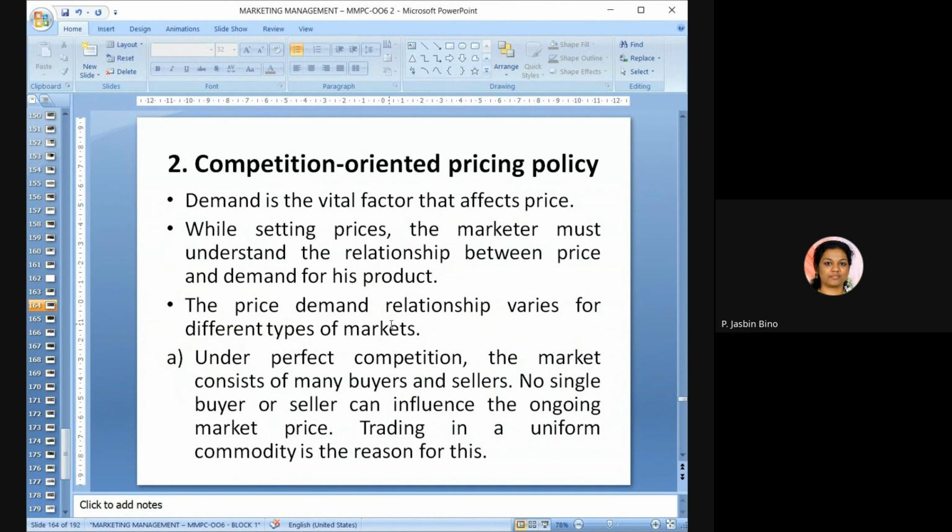No single buyer or seller can influence the price of the market. Here trading will be uniform. They sell the same varieties of products, so a break even price will be fixed as a uniform price in that particular perfect competition market. Even though there are many sellers and many buyers, every seller sells the product at that market price.